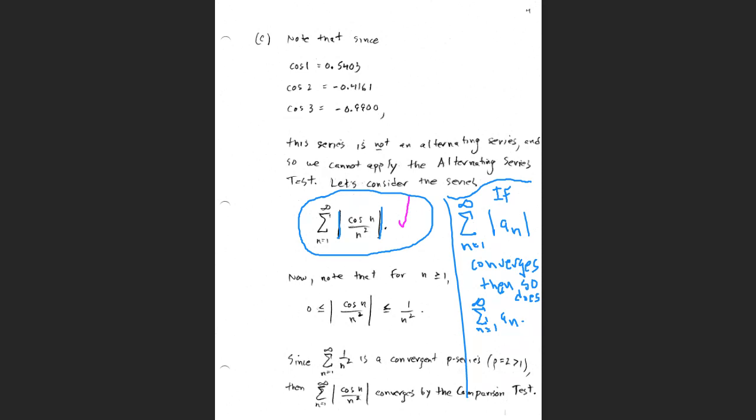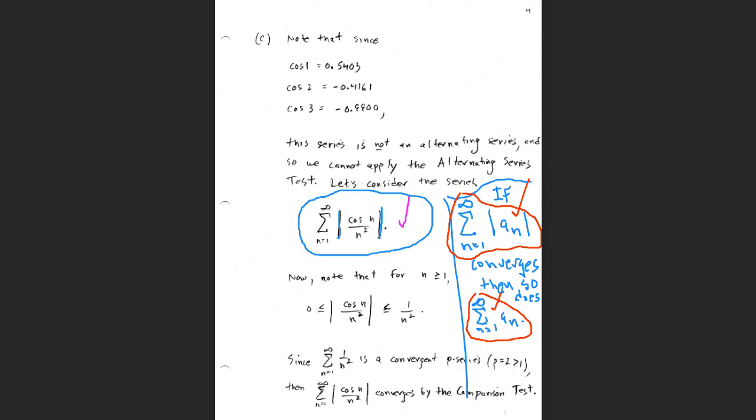Well, the series with the absolute value of the terms would have to have a larger sum than the series without the absolute values. And so if the top series converges, then the other series must converge as well. This is the concept called absolute convergence.